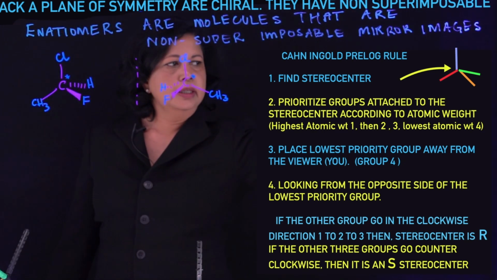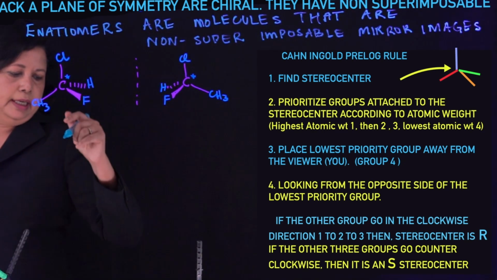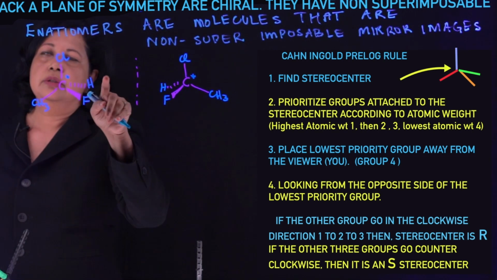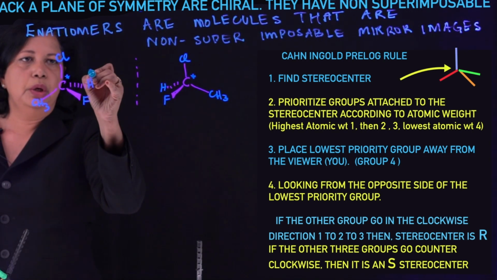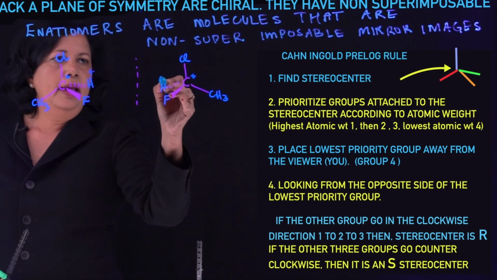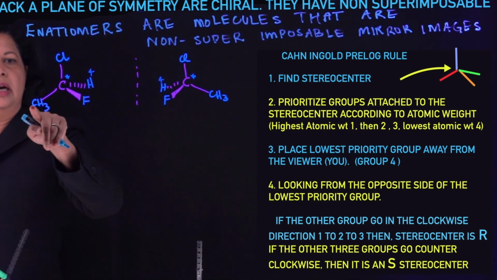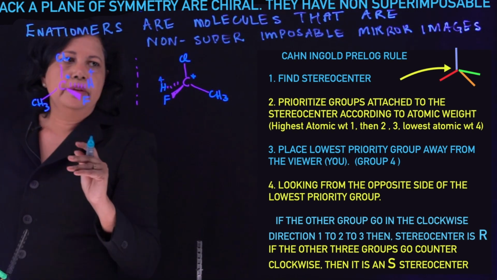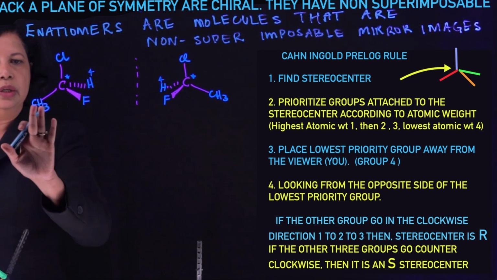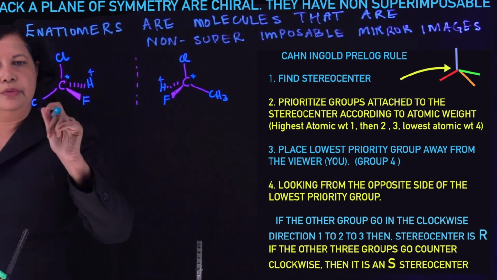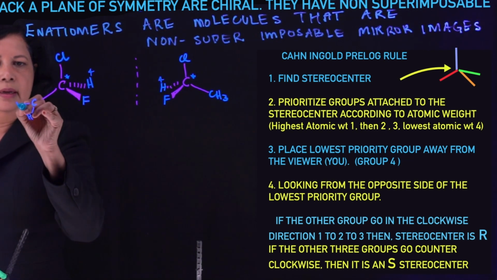Rank the groups according to atomic number, all right? So you can get a periodic table. You know hydrogen's only 1, so it's always going to be your lowest priority. And then fluorine, and then chlorine and carbon. So first you have to look at the things that are directly attached to it. Don't count this as a methyl, count this first as a carbon.